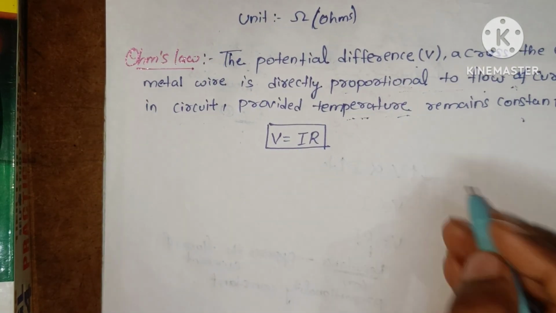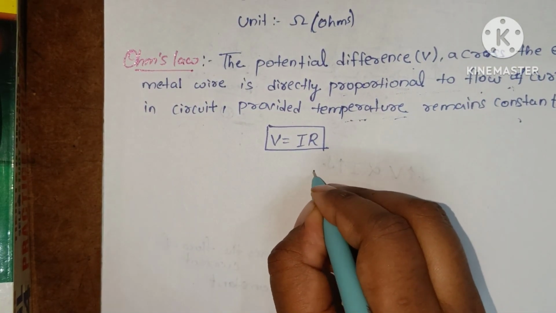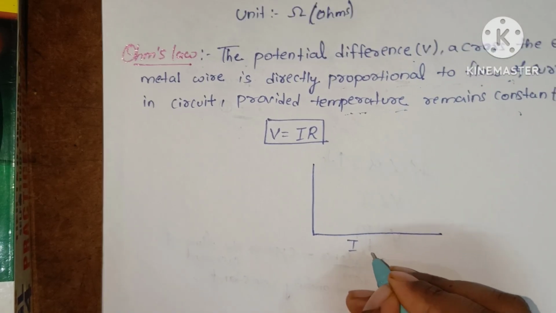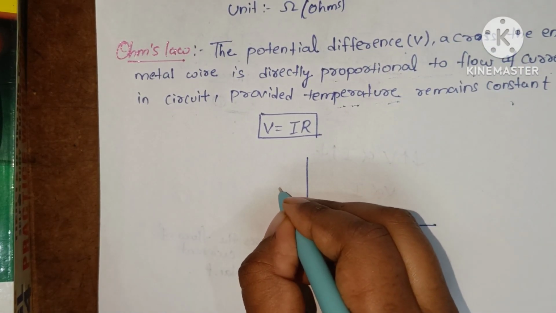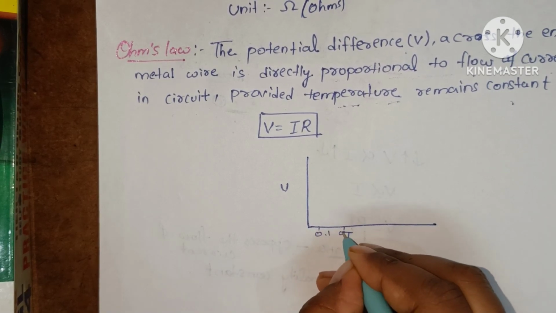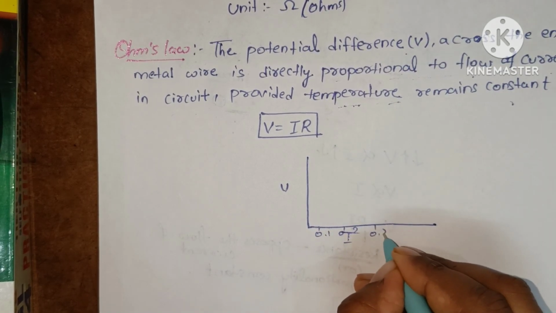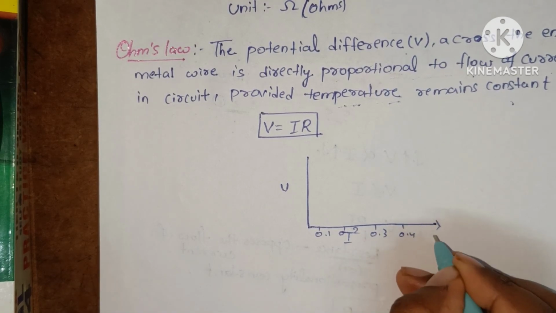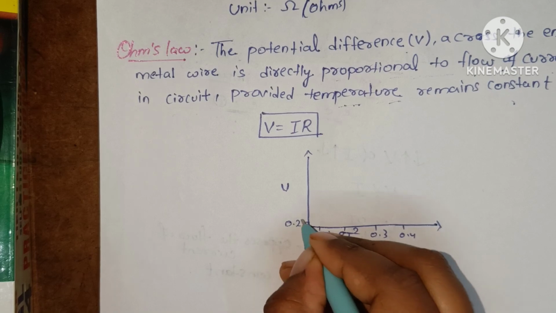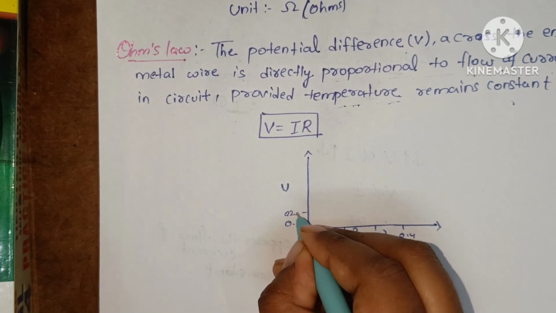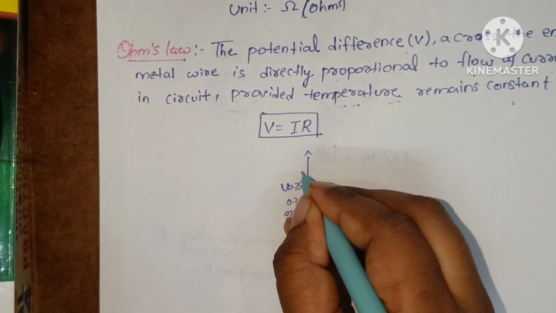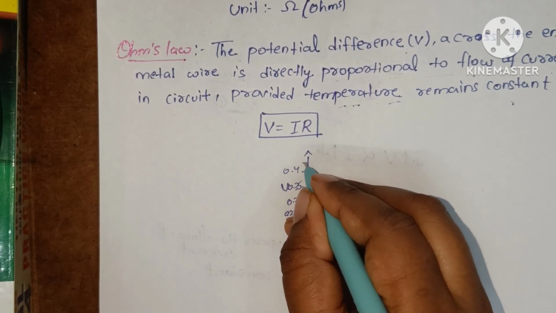Okay. Before the activity I explained, right? From that one graph, let us draw that. Let's take x-axis as I and y-axis as V. I took points here 0.1, 0.2, 0.3, 0.4 and so on, and here 0.2, 0.25, 0.3, 0.35, 0.4 and 0.45.